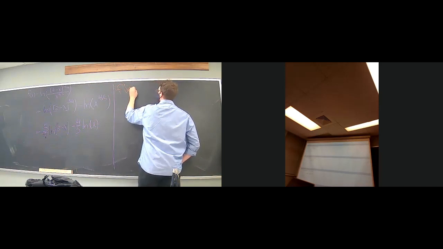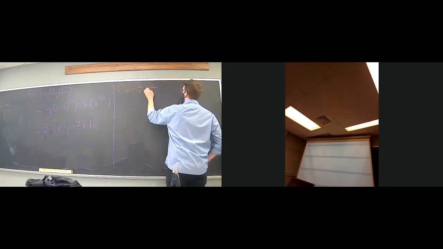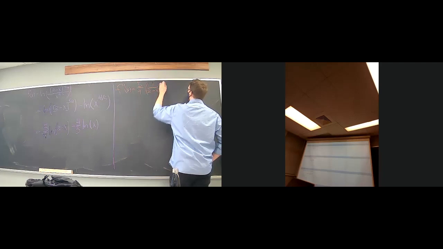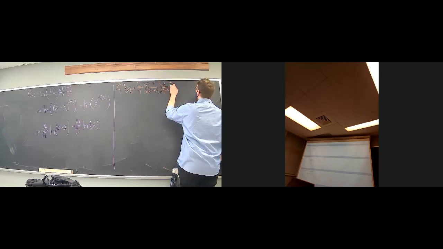Well, let me rewrite this. f prime of x is equal to 5 over 4 times 1 over 2 minus x times the derivative of 2 minus x.